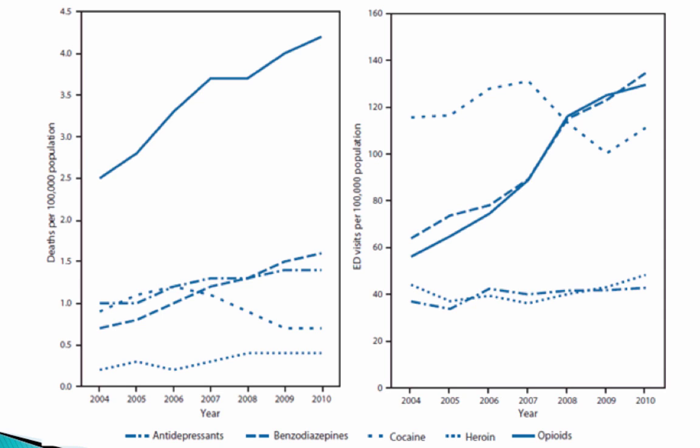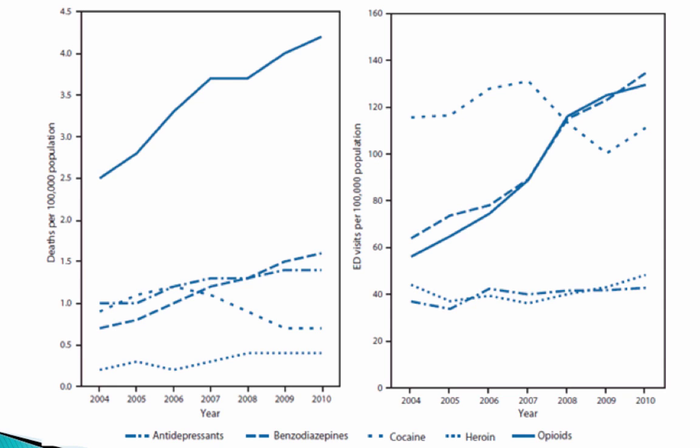Okay, so hopefully you were able to come up with some conclusions from looking at these line graphs. Looking at the first one, deaths per 100,000 population for these 5 drugs, we see most people are dying from opiates compared to all the other drugs. We also see there's been a drop in cocaine deaths starting around 2006, and it's kind of evened out within the last year, 2009 to 2010.